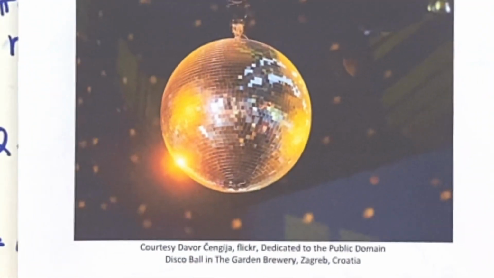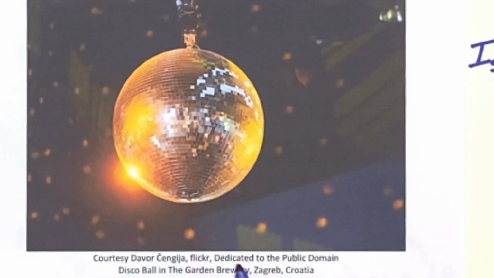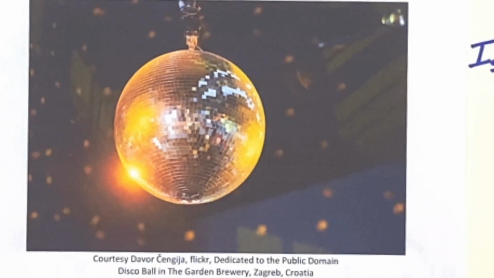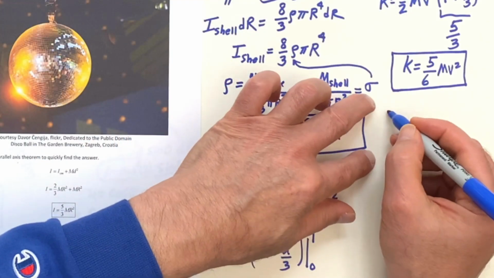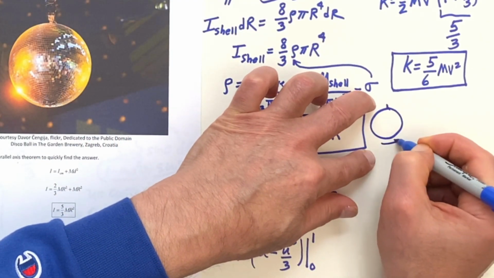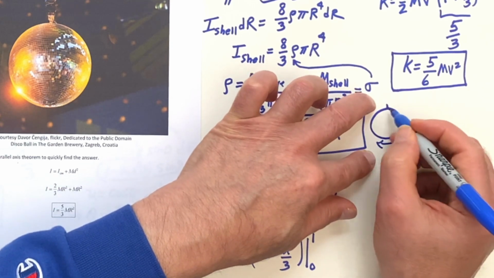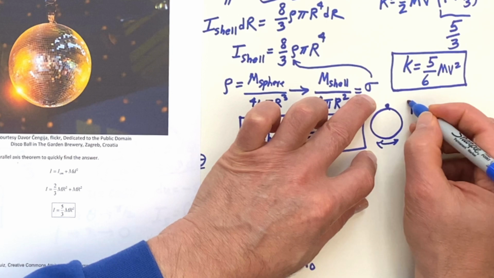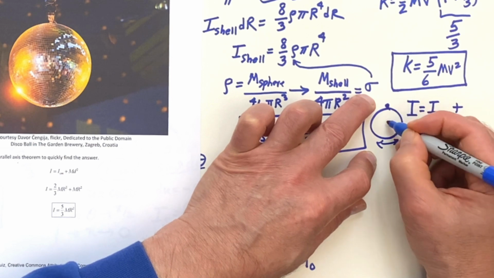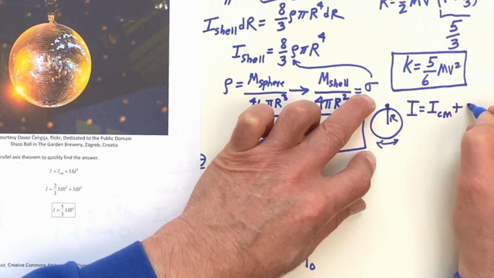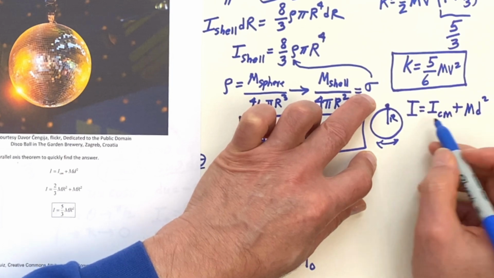Now what about an edge? So in other words, the one that we did there with the shell is through the center of mass. But if you want it, let's say, hanging from the ceiling like this, and let it go back and forth this way about this pivot point, then you have the I, for this case, is the I center of mass plus, and you're displacing this, the distance r, plus m. This is your parallel axis theorem.